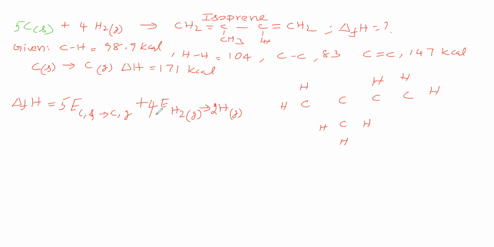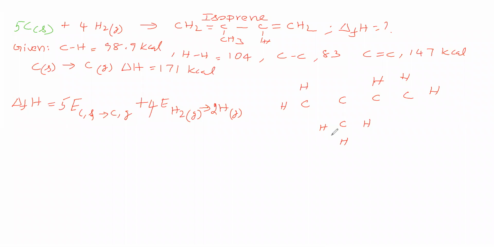Then hydrogen molecules we have converted into gaseous hydrogen atoms for which we have supplied energy, that is endothermic. Here 4 is written because in the stoichiometric equation 4 is there.